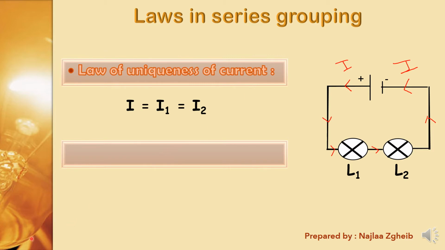If the voltage of the first lamp is 3 volts and the voltage of L2 is 4 volts, then the voltage of the dry cell is 7 volts. Why 7? Since 3 plus 4 equals 7.